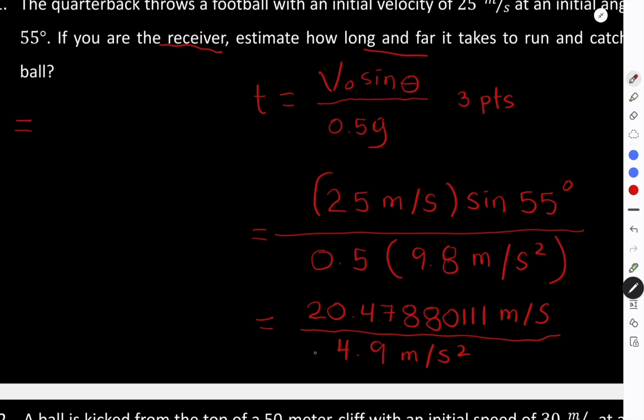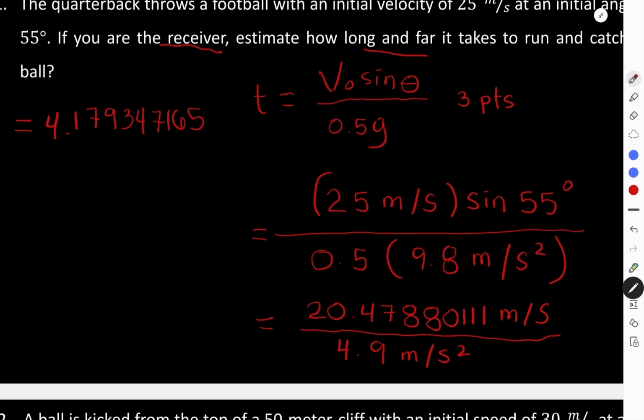Here, we can get the quotient of 20.4788011 divided by 4.9, in which we got 4.179347165.